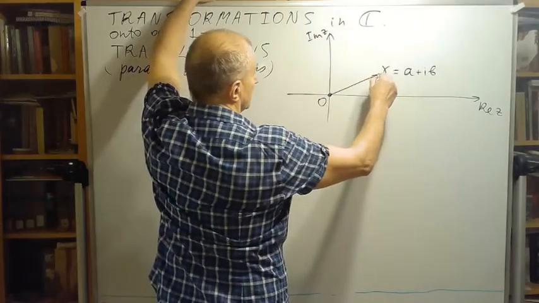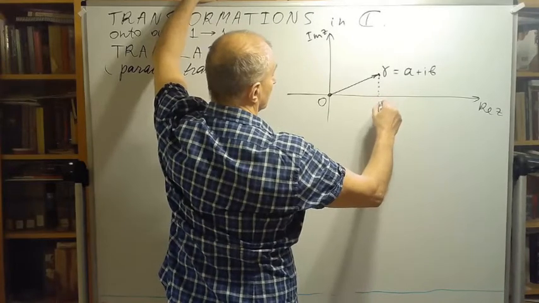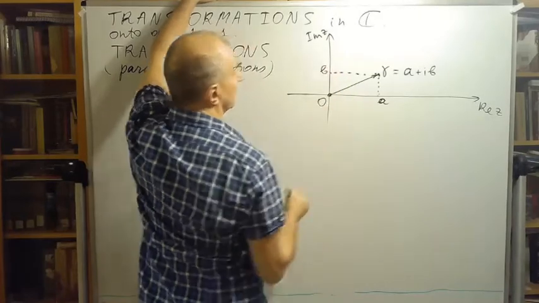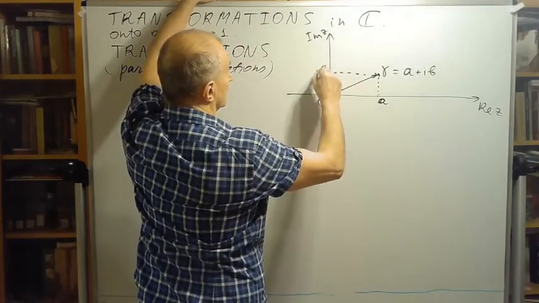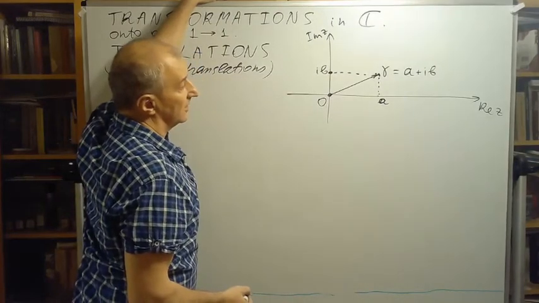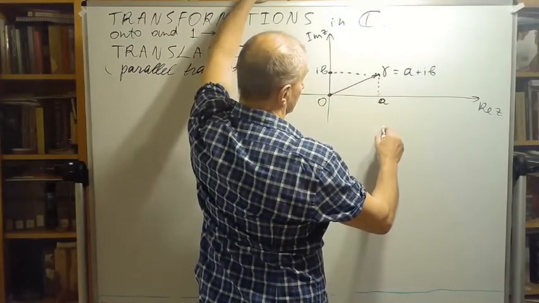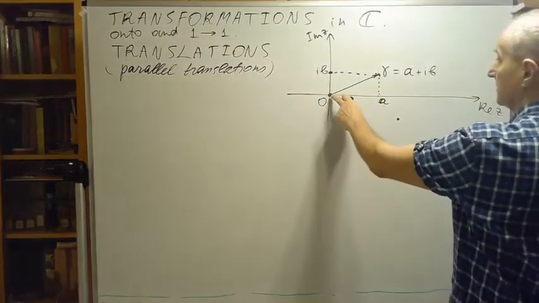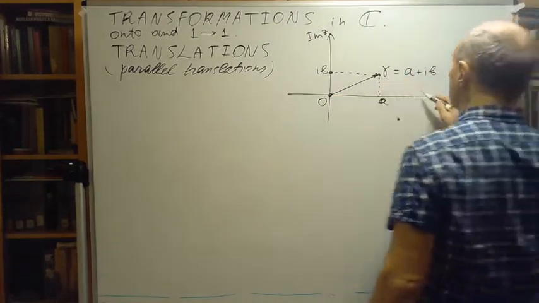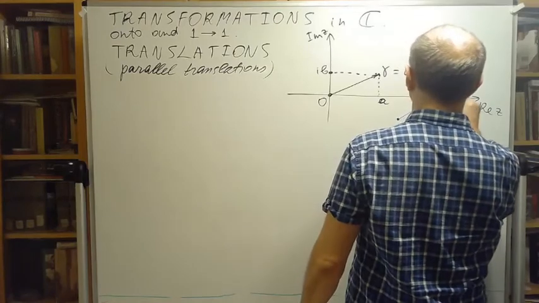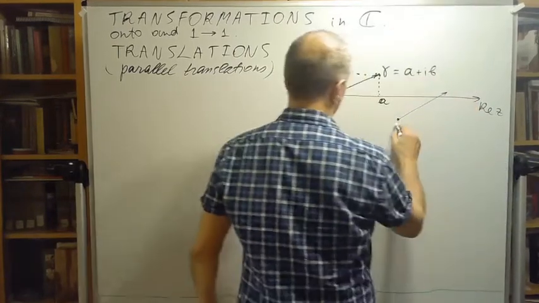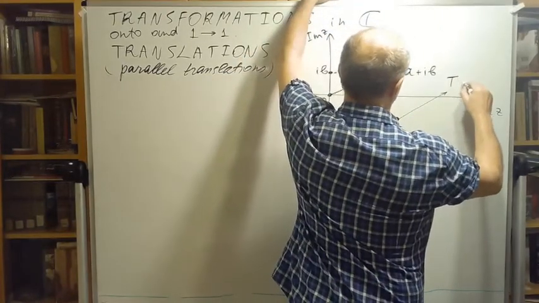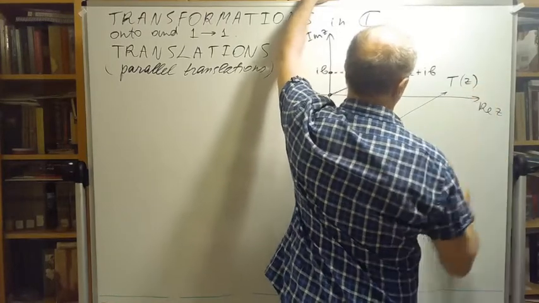So the origin will be translated to this point, gamma, with the coordinates A and B. And any other point will be translated by the same vector. So, for instance, I will just take a vector of the same length and the same direction, something like this. So, if this is point Z, this will be the translation applied to Z.